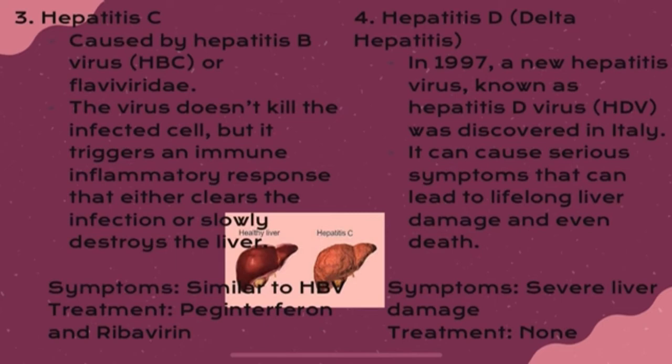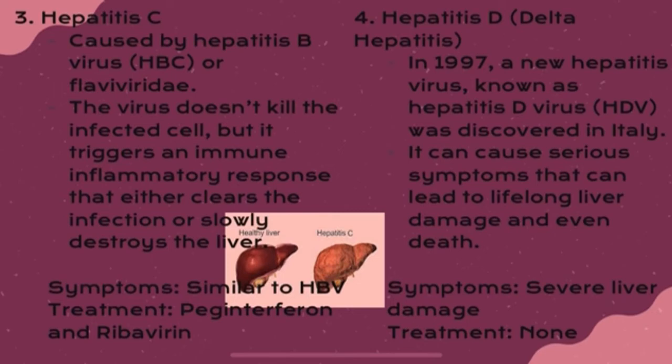Hepatitis D, or Delta hepatitis. In 1977, a new hepatitis virus, now known as hepatitis D virus, was discovered in carriers of HBV in Italy. It can cause serious symptoms that can lead to lifelong liver damage and even death.